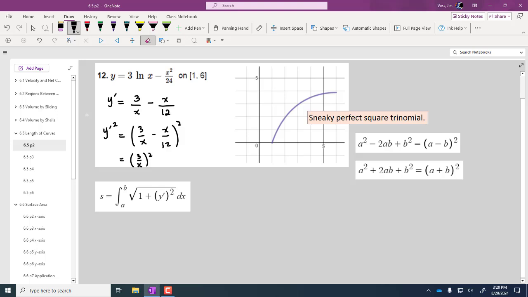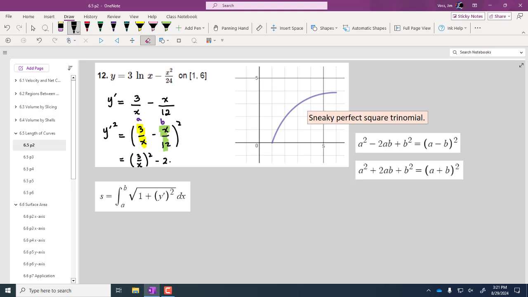Just leave it like that. And then it's going to be minus 2 times. Keep in mind that this is a, and this is b. So a minus b. The b does not include the minus sign. So then we just plug it in.